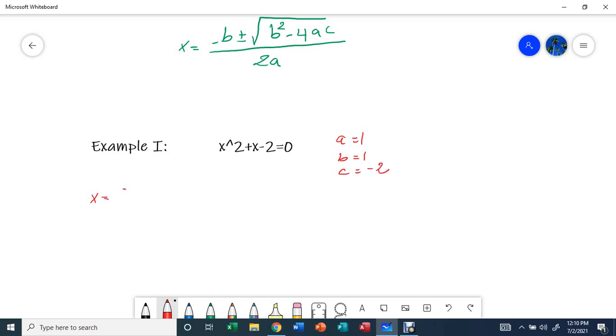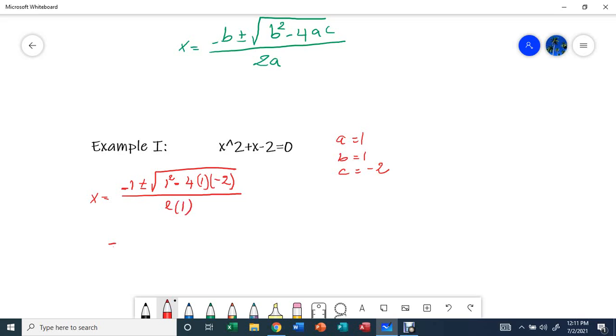So negative b is going to be -1 plus or minus the square root of b squared, which is 1 squared, minus 4 times ac. So a is 1 and c is -2. And the whole thing divided by 2a, which is 2 times 1.